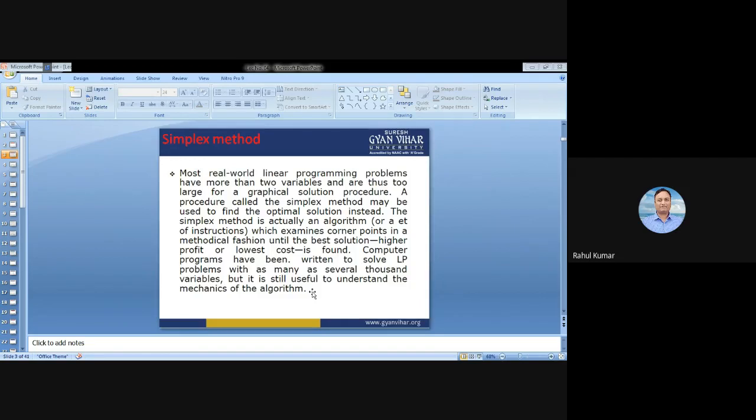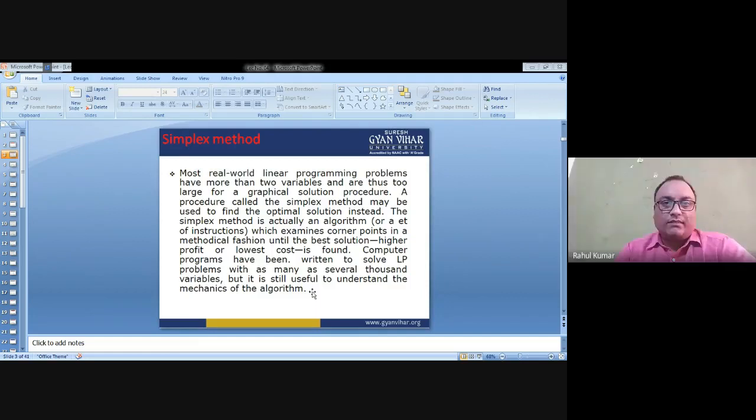Most real-world linear programming problems have more than two variables, and are thus too large for a graphical solution procedure. A procedure called the simplex method may be used to find the optimal solution.